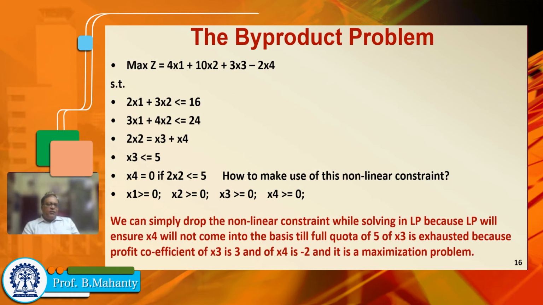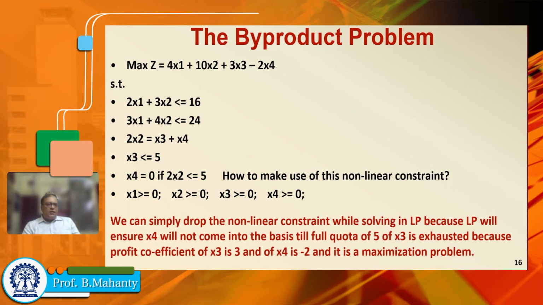So we are taking advantage of the simplex procedure, and although we formulate the problem in this manner, we can simply drop this constraint while solving by simplex, because of the typical characteristics of the simplex method. Is it all right?